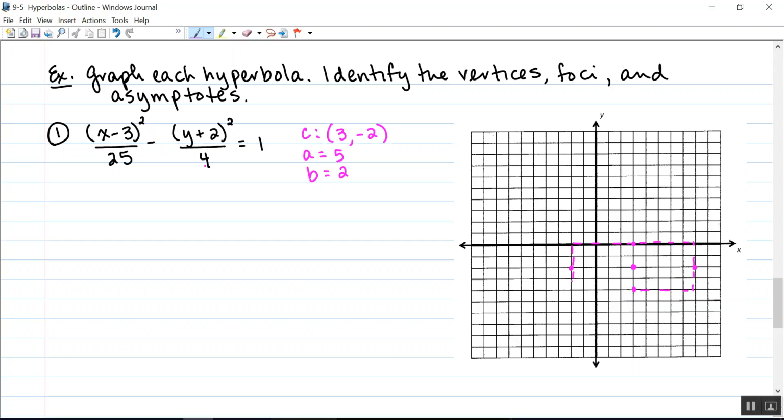So it needs to be 2a units long, so 2a units this way and 2b units this way. Okay, now I can draw my asymptotes, and they go diagonally through the box. It's a little hard to draw those exact, but they do go through the corners of the rectangle here.